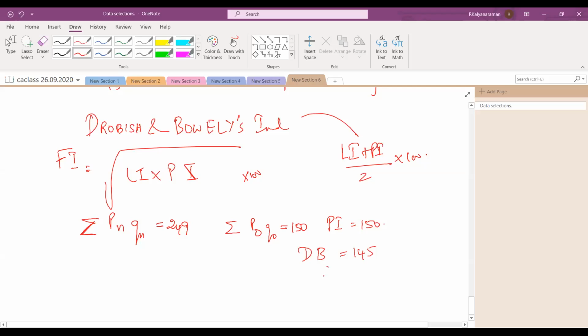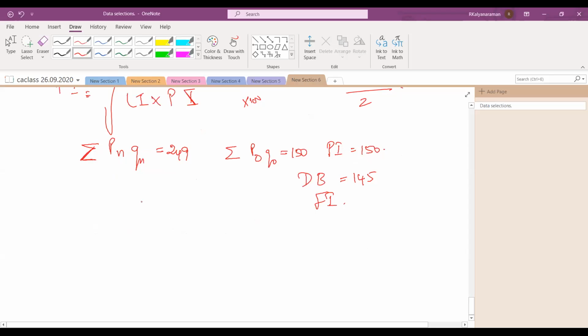Now, what is Fisher's index? So, what is Laspeyres' index number? We see what is Laspeyres' index number.